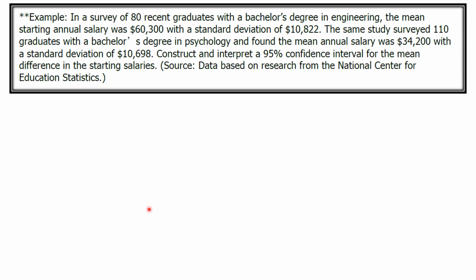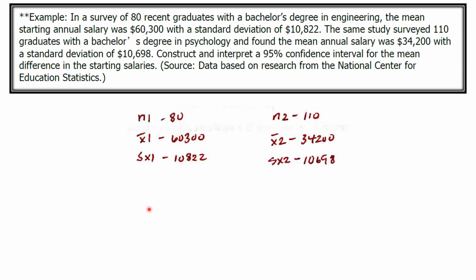Okay. So we have our data for our first sample, which is engineering. Our sample size is 80. Our mean is 60,300, and our standard deviation is 10,822.